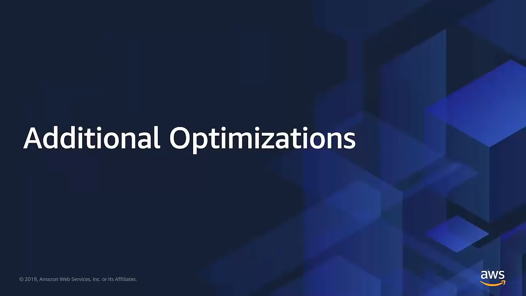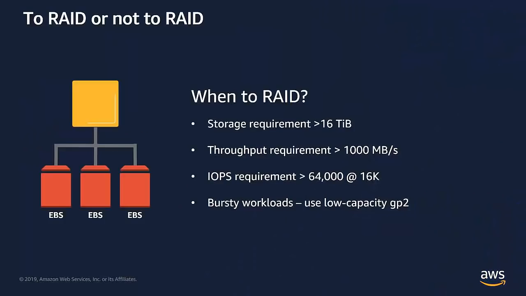Now, there are a few other things to consider when optimizing EBS. Sometimes a single EBS volume alone won't provide the capacity or performance required by your workload. In that case, you'll need to combine multiple EBS volumes together to form a single logical volume. This is typically referred to as striping or RAID 0.